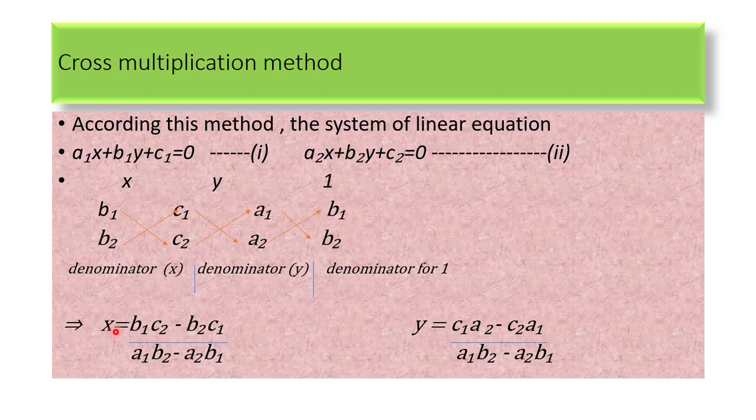Then x equals b1 c2 minus b2 c1, divided by a1 b2 minus a2 b1. And y equals c1 a2 minus c2 a1, divided by a1 b2 minus a2 b1.